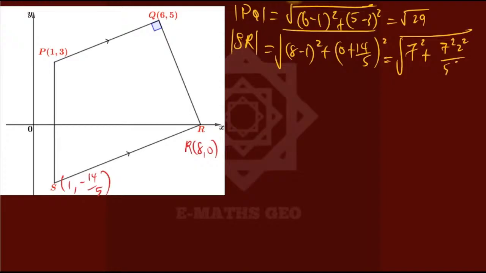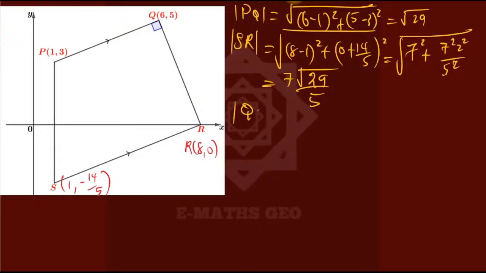If we factor 7 squared, square root of 7 squared is 7. So we are left with 1 plus 4 over 25. 1 plus 4 over 25 will be 29 over 25, and square root of 25 is 5, so we're left with square root of 29 over 5. Yes, that's the simplest one possible.